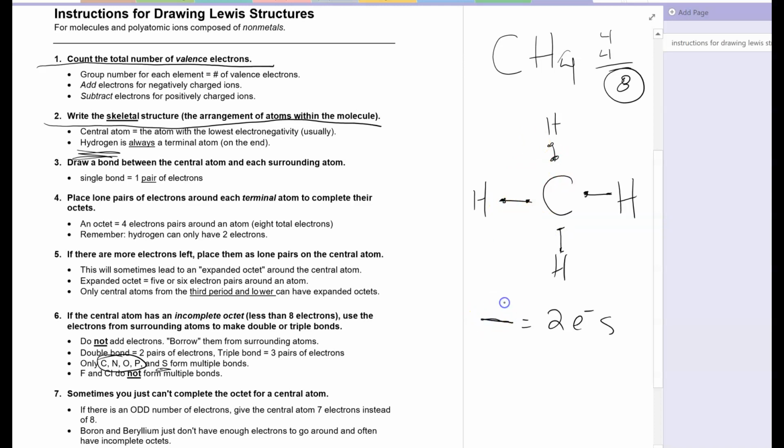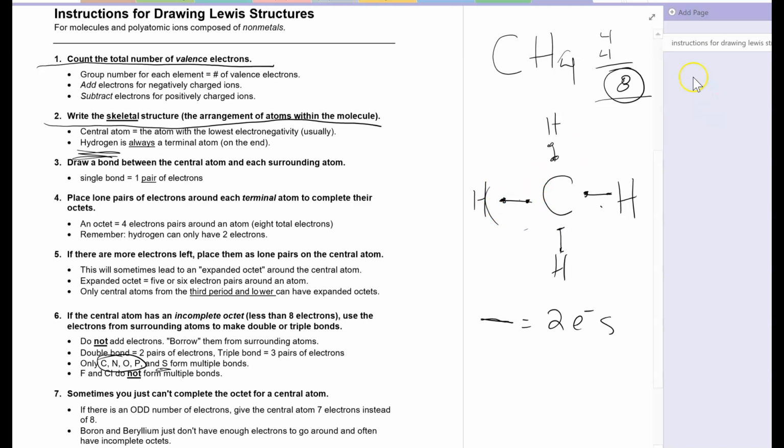Since we had 8 electrons, 4 bonds, each of them 2, that's 8 electrons, and each of the octets, or the duet in the case of hydrogen, is stable with just 2 electrons, so it has one of its own and shares one with the carbon.